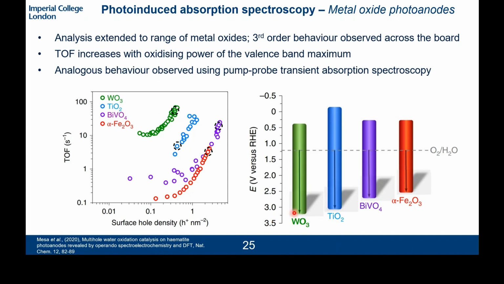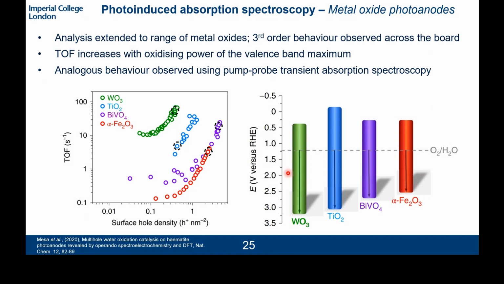And when you have a very deep valence band versus the water oxidation potential, you have a huge overpotential in tungsten trioxide for driving this reaction versus, say, hematite. Okay, yes, there is a large overpotential in hematite for driving this oxidation of water too, but this is neglecting potential losses due to trap state formation and things like that.